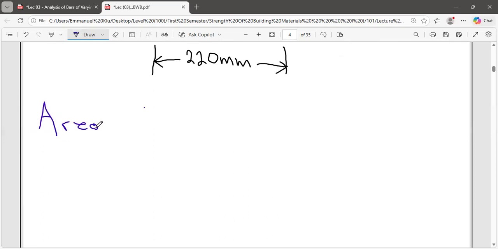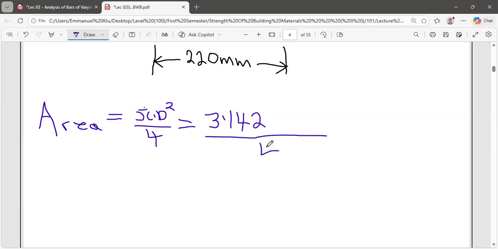Which we now know is 3.142 all over 4, times, in this case, our D becomes 50 millimeters.